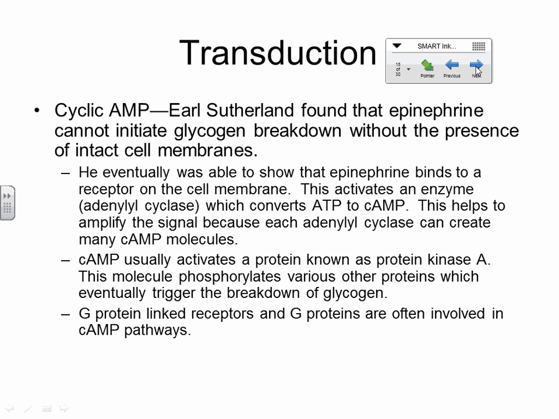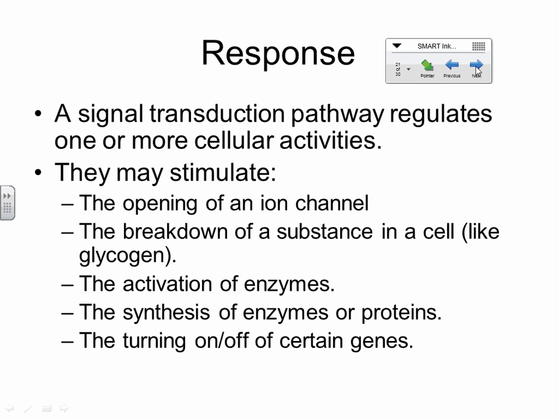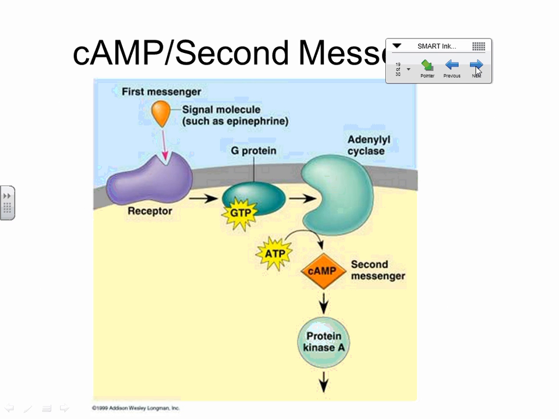Let's start here. This is a good example of how transduction works. And this is involving adrenaline, also known as what? Epinephrine. We know that's the fight or flight response, right? So adrenaline comes out. It affects a lot of places in your body, correct? But let's think of adrenaline in the way it affects cells in your liver.